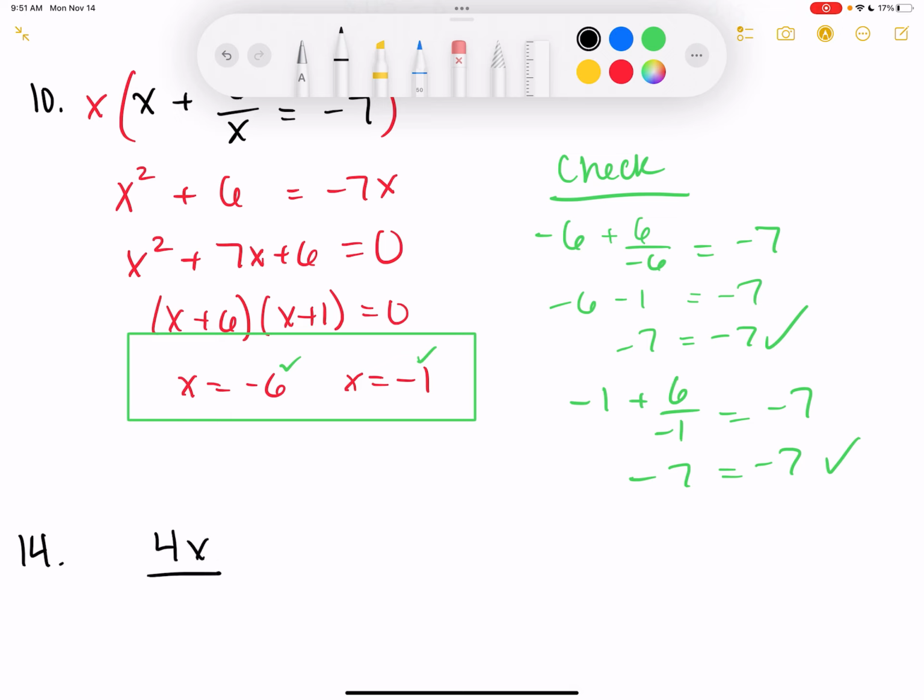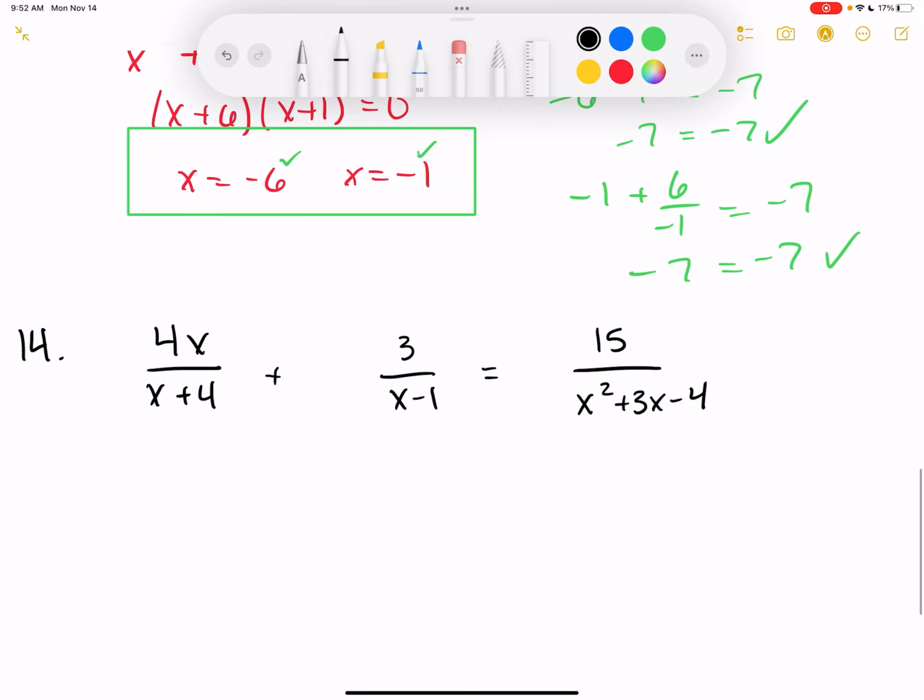All right, 4x over x plus 4 plus 3 over x minus 1 equals 15 over x squared plus 3x minus 4. So if you see a denominator that is not in factored form, factor it first.